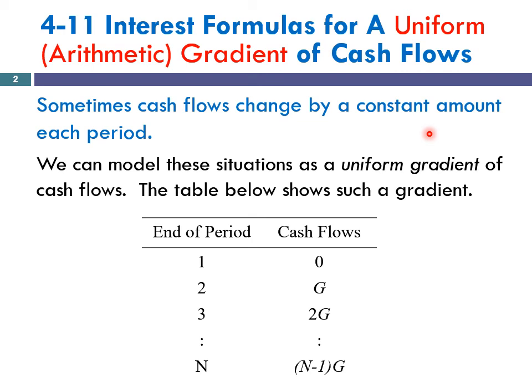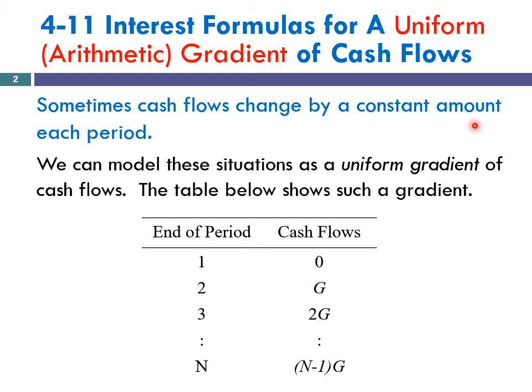So instead of shifting all these cash flow payments to the present or future time one by one, we developed a formula to identify the present and future value of such payments quickly and easily. And like the uniform payment series, we also have factors for this case.